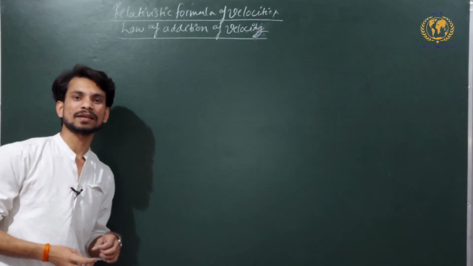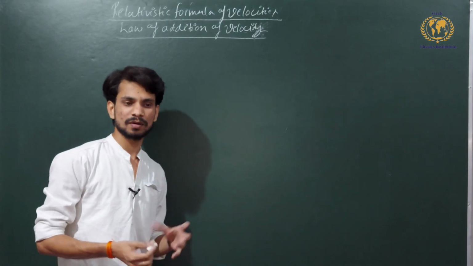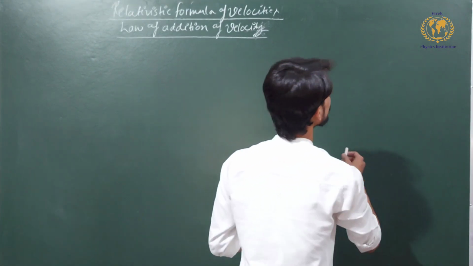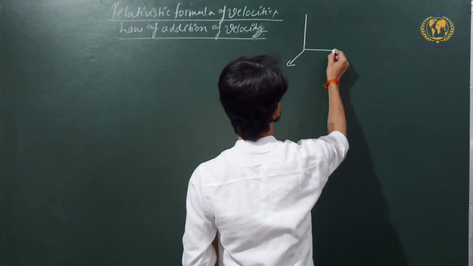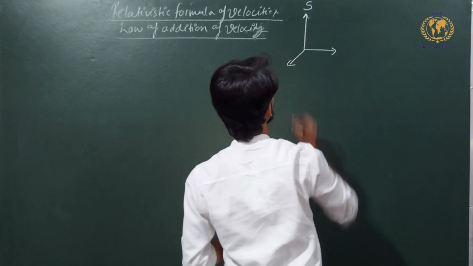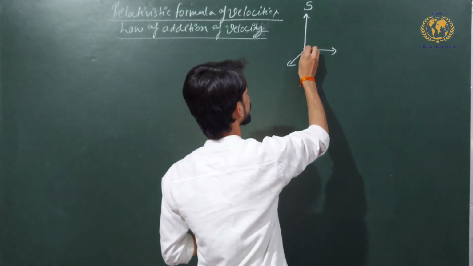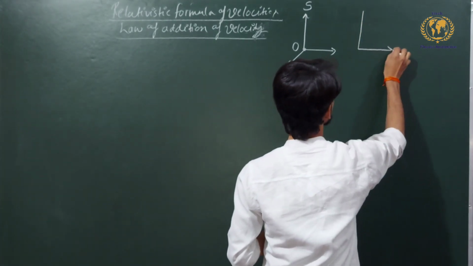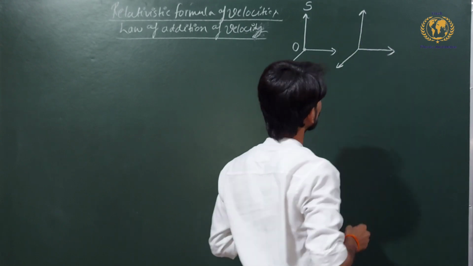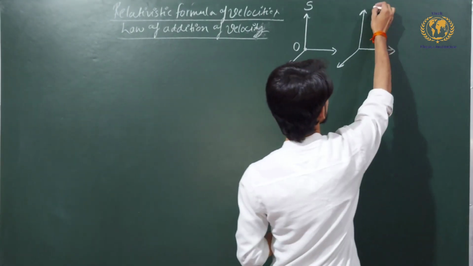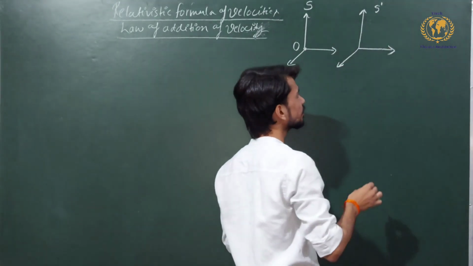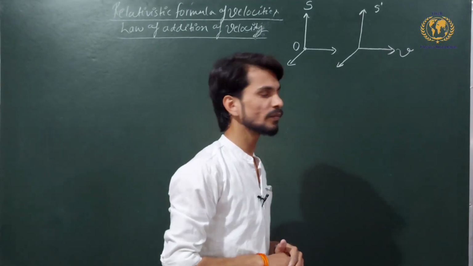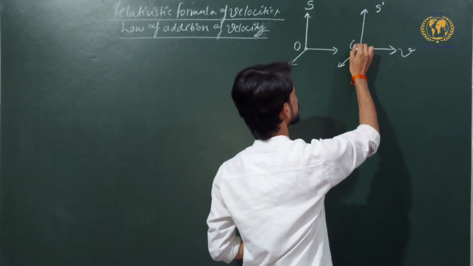In order to explain the relativistic formula for velocity, again we are considering two frames of reference. One is S, which is at absolute rest, and its origin is O. The second frame of reference, to give a different name, let's say is S dash, which is moving with a constant velocity v with respect to the first frame of reference, and its origin is taken as O dash.